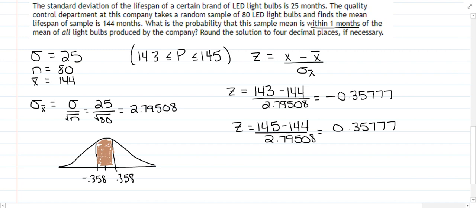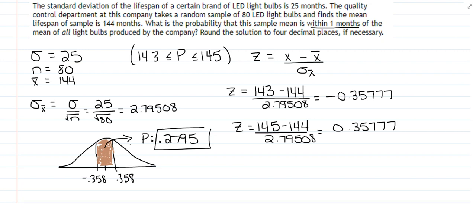So that is a probability of 0.2795. I said that was about 30%, pretty close. Okay, so technically about a 28% probability that the sample mean is within 1 month of the mean of all light bulbs produced by the company.